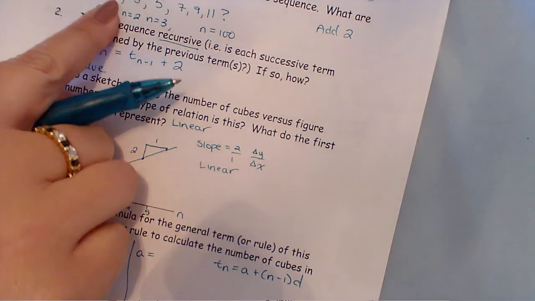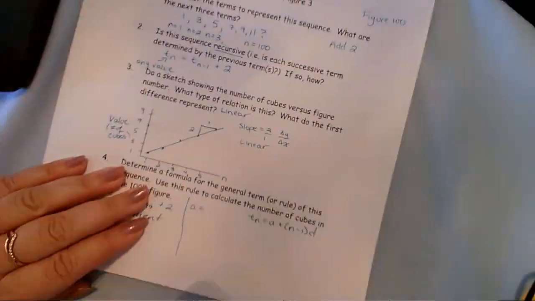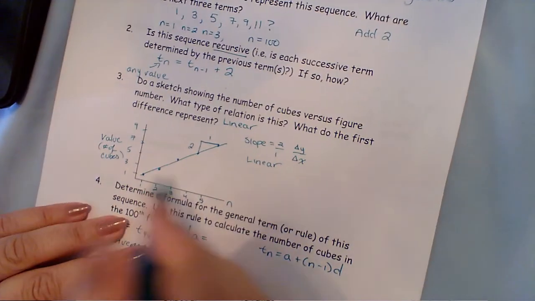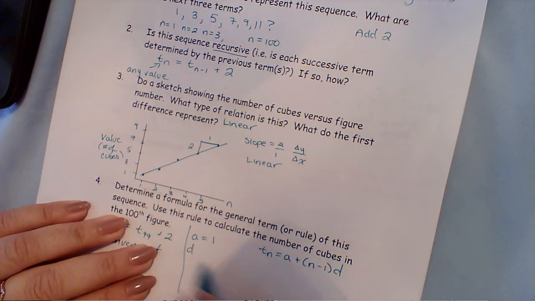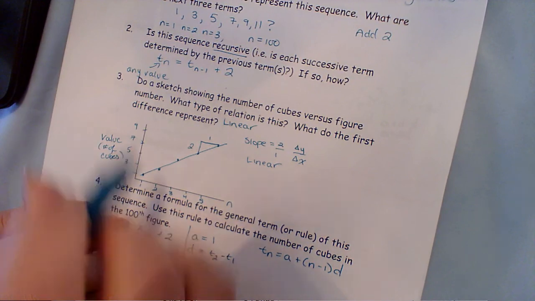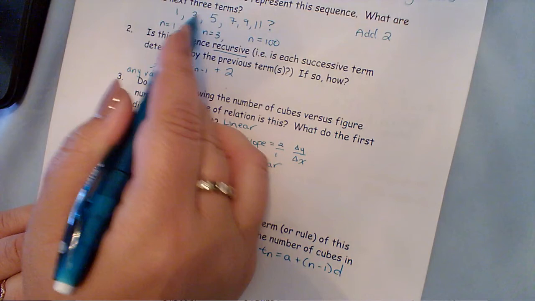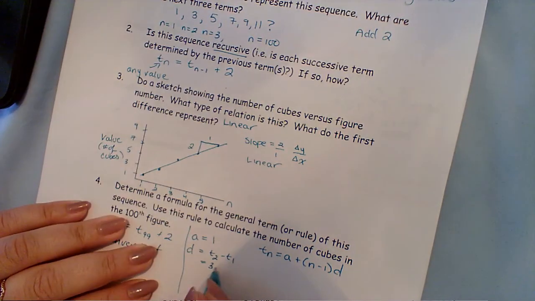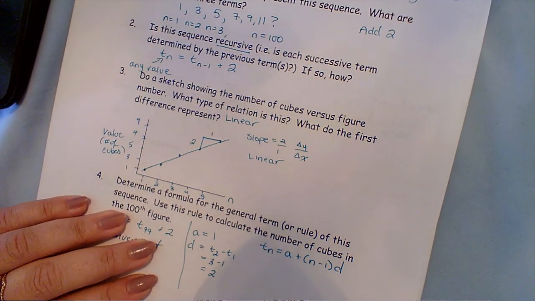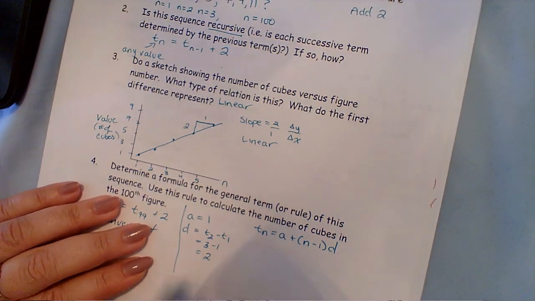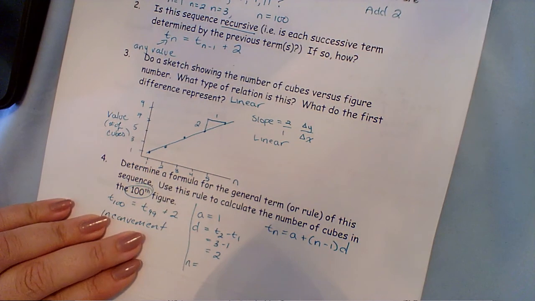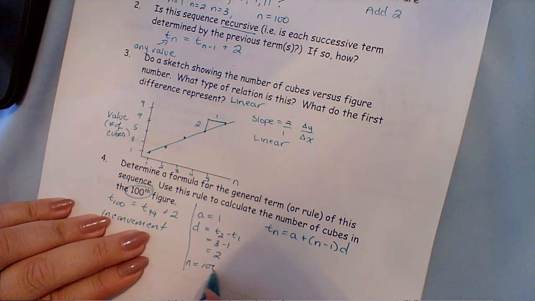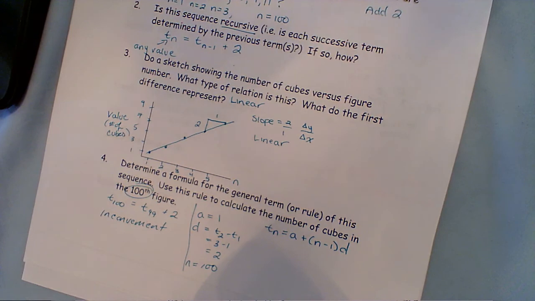The number in the start was a 1, so A is 1. The common difference is T2 minus T1, 3 minus 1, 5 minus 3, 7 minus 5. It doesn't matter what pairing you take, you're going to get the same answer of 2. Common difference of 2. The n that we're interested in is the 100th position, the 100th diagram, so n would be 100.